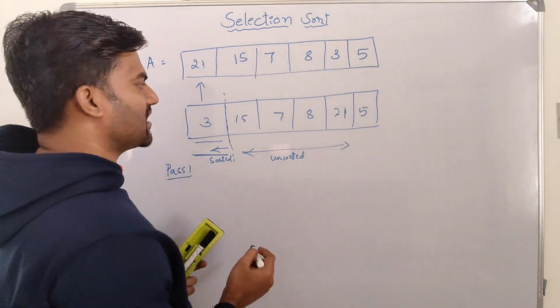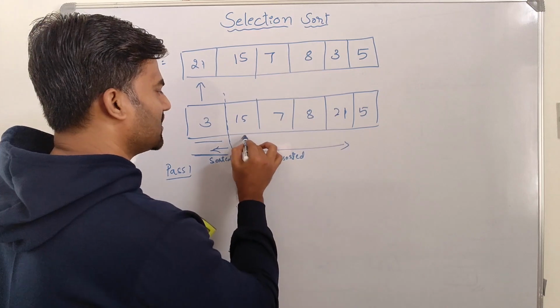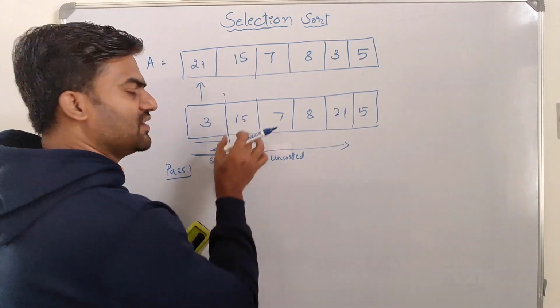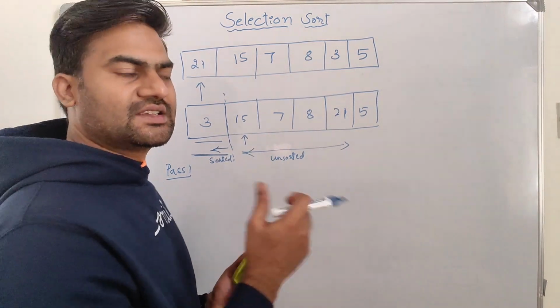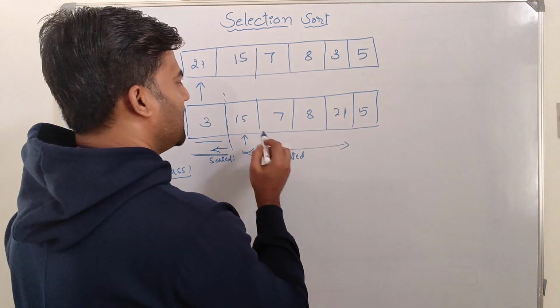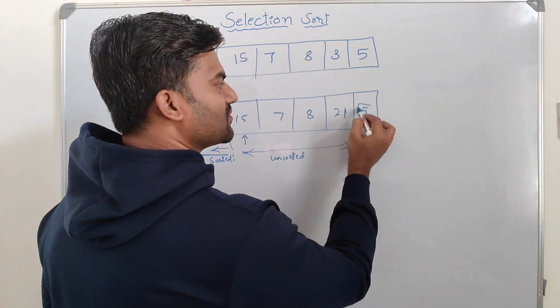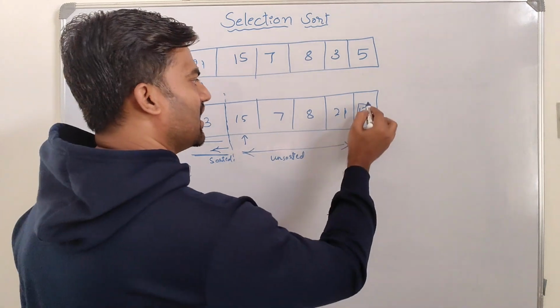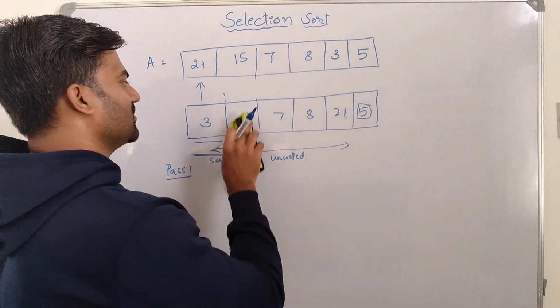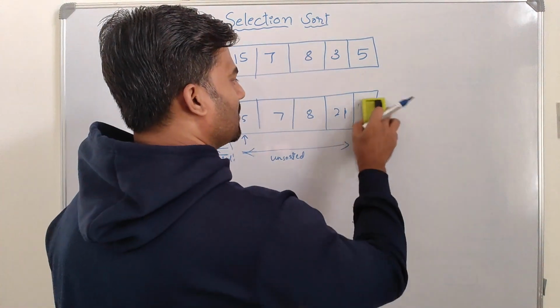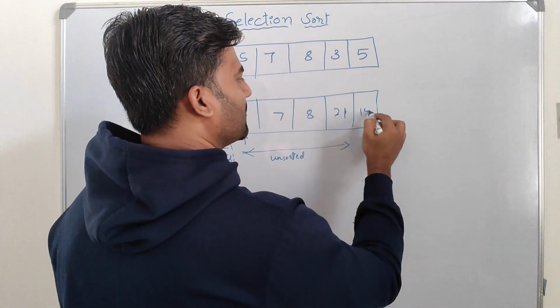In the second pass, I keep the pointer here because this is the place where I want to sort my next element, and I keep scanning. Which one is smaller? This is smaller, so I will swap it here. I'll keep 5 there and 15 here.